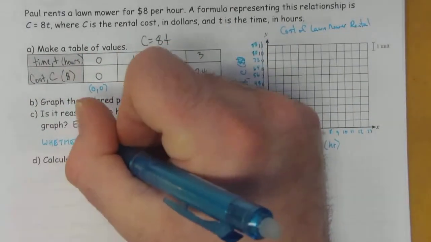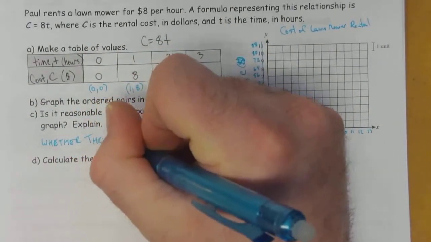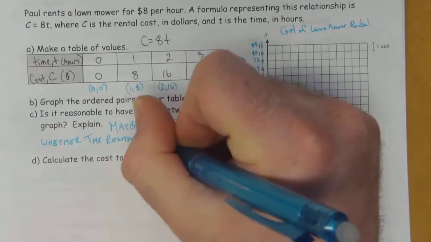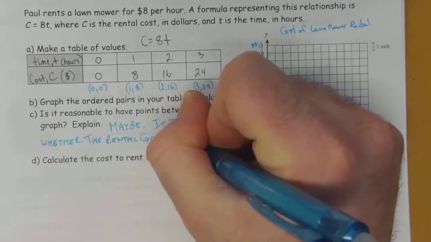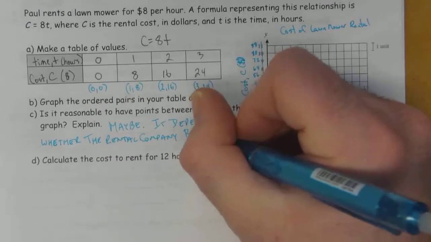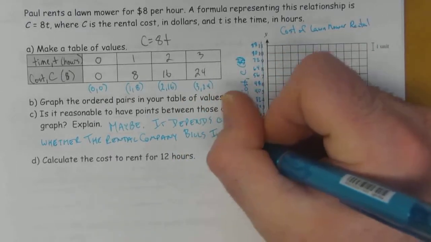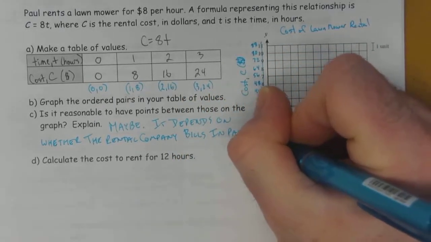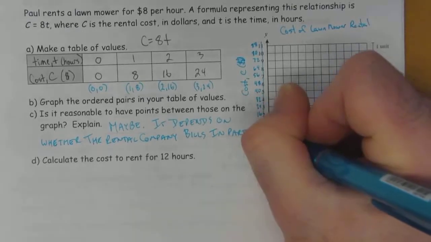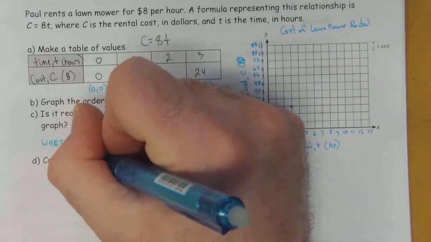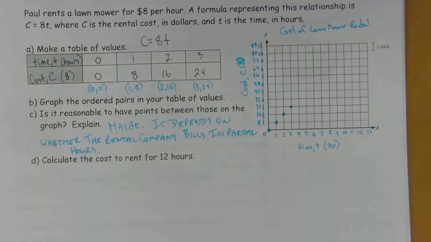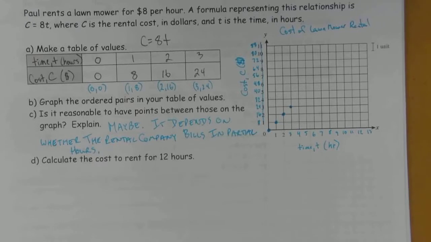It depends on whether the rental company bills in partial hours. Reality, yeah, sure, you could rent it for a partial hour, but it depends on the company whether they allow that or not. Calculate the cost to rent for 12 hours.